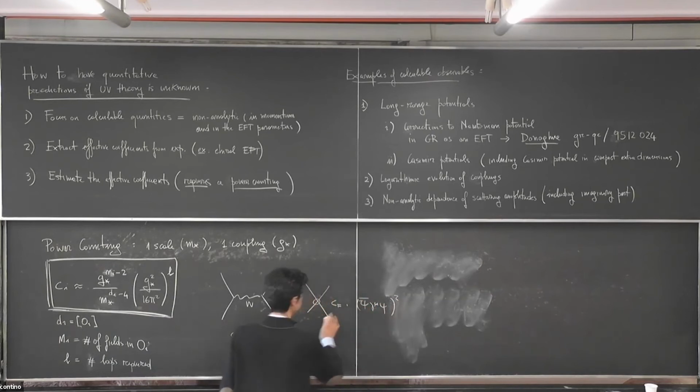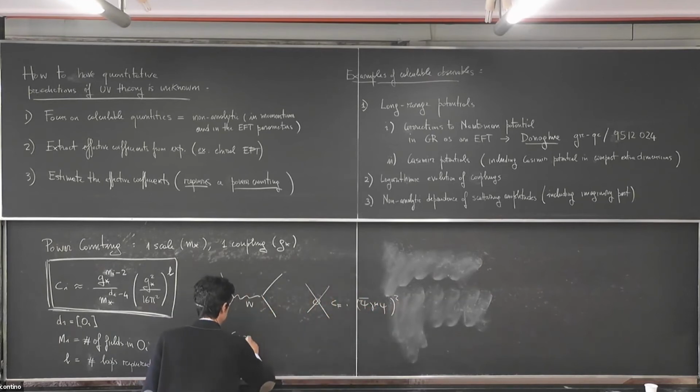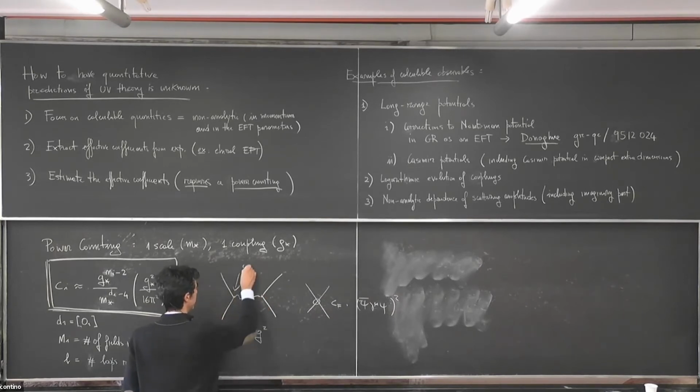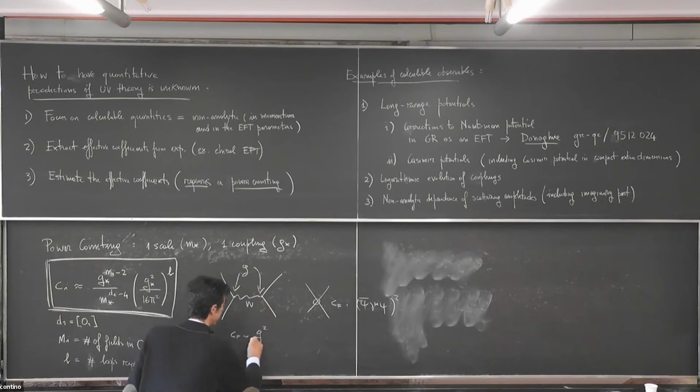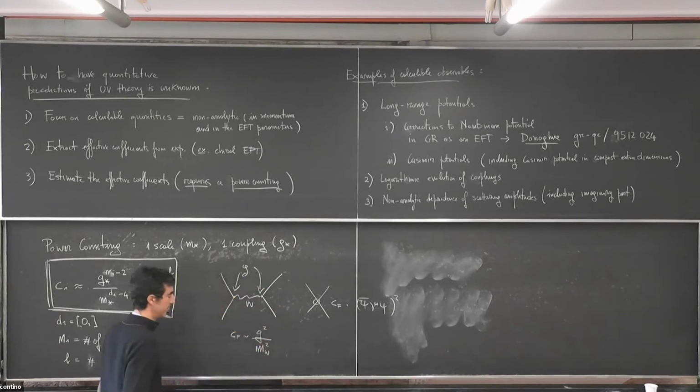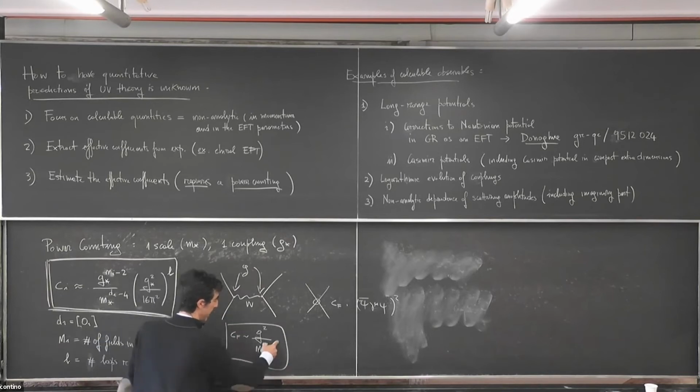C Fermi goes like a coupling squared, G squared, divided by M star, which now will be the mass of the W squared. So this works well because it's generated at tree level.